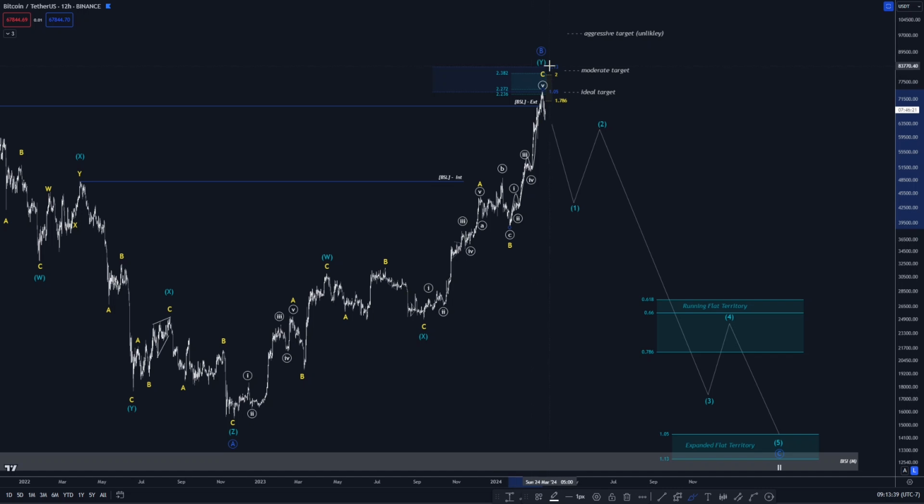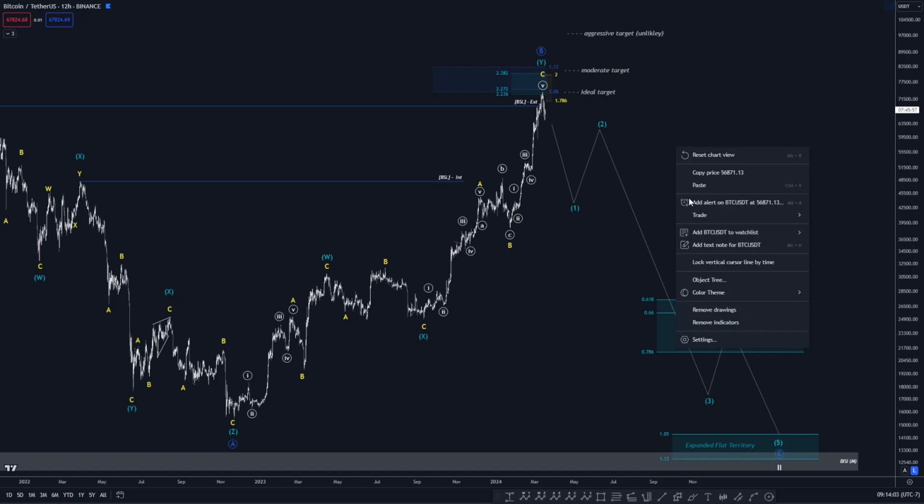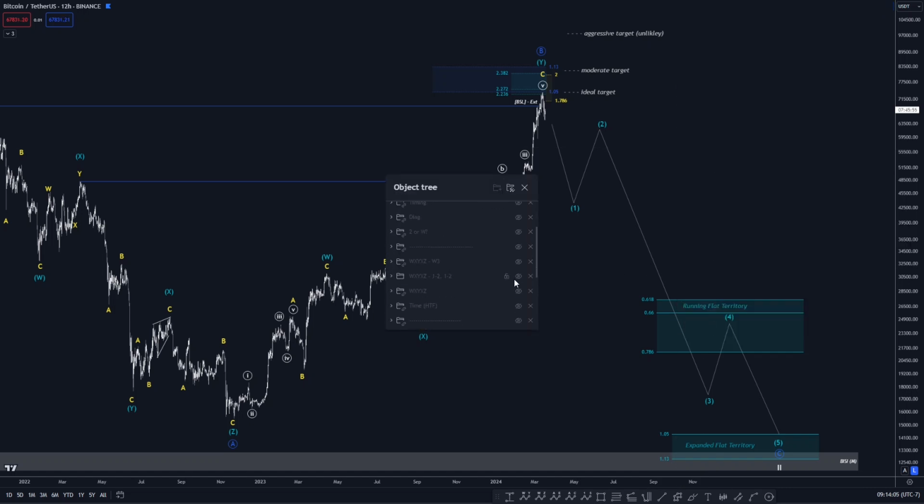Either it's a 1 or a C, and we've hit our expectations for all these counts, or for all these fibs. We hit the 1.786 for the C, the 2.236 for the Y, and the 1.05 for the B. Now it's about managing if this is a pivot or if it's a pullback, just like how we've been looking at with our other counts.